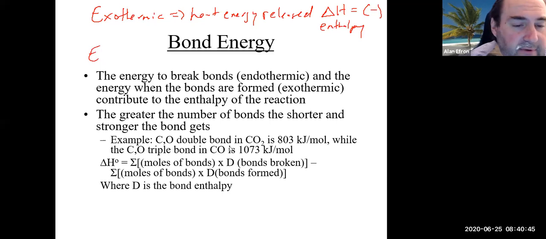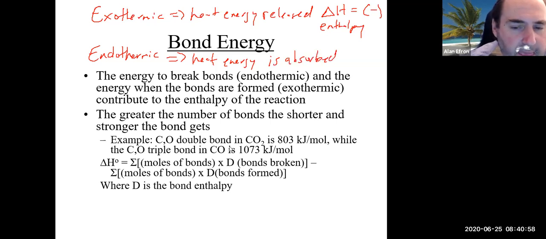That's opposite of endothermic, which is where heat and energy is absorbed, and delta H values are positive. So a positive delta H value means endothermic, heat and energy is absorbed. Negative delta H means exothermic, heat and energy is released.